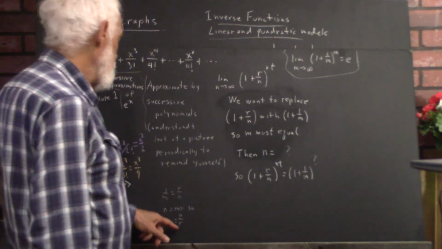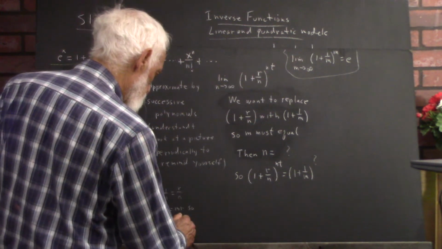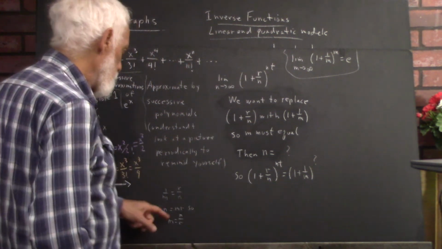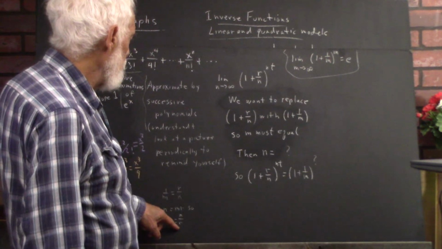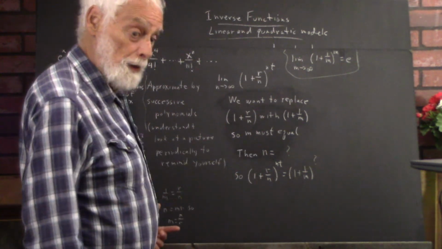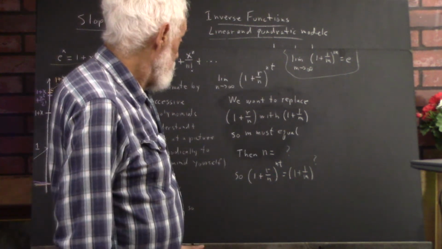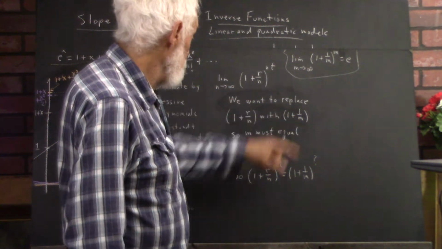If m equals n over r, then 1/m is r/n, the reciprocal. So m just has to be the reciprocal of r/n, and these are equal.